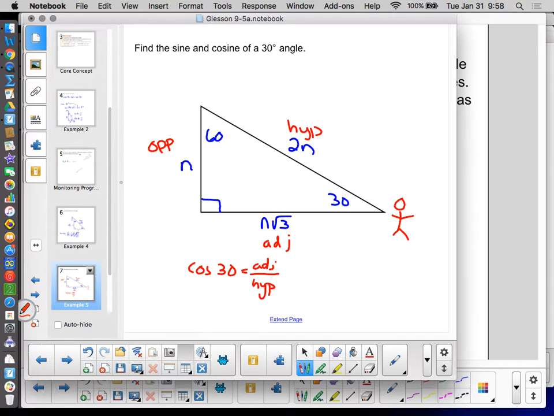So CAH TOA, cosine adjacent hypotenuse. The adjacent is n root 3. Hypotenuse is 2n. Guess what? The n's cancel, and I get the square root of 3 over 2 is the exact value of the cosine. Don't need to simplify that one because the square root's in the numerator. It's not a problem.